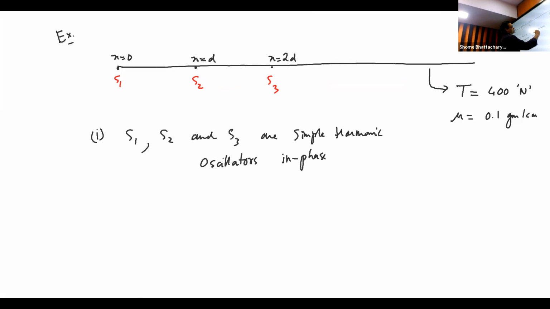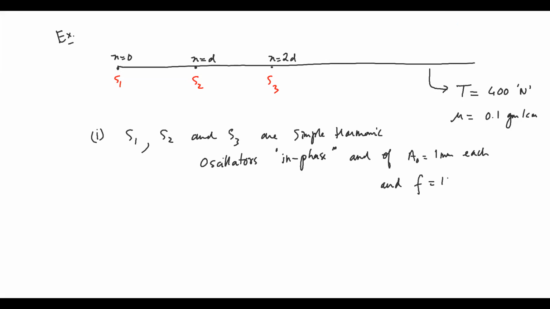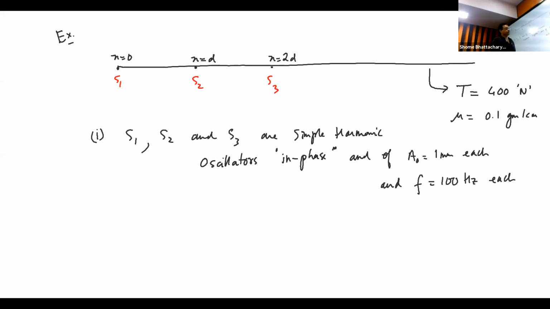So the oscillators themselves are in phase. Okay, and of amplitude equal to 1 millimeter each, and frequency equal to 100 hertz each. Okay. So they are in phase and of same frequency, and not only that, by symmetry they are also having the same amplitude.